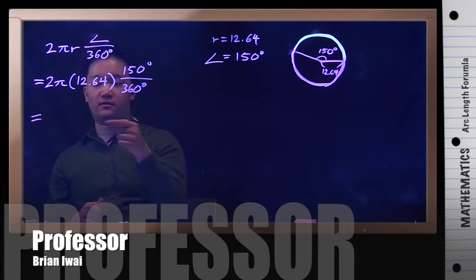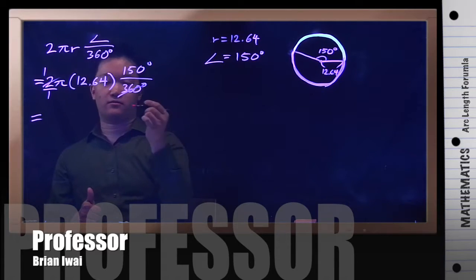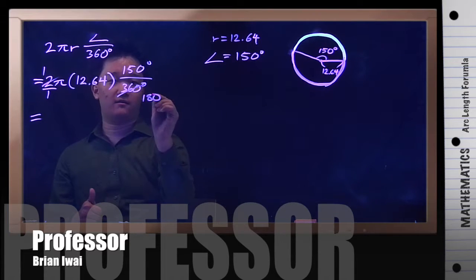And if you do that, you could multiply the 2 and the 360. You can simplify both because they both can be divided by 2. 2 divided by 2 is 1. 360 divided by 2 is 180.